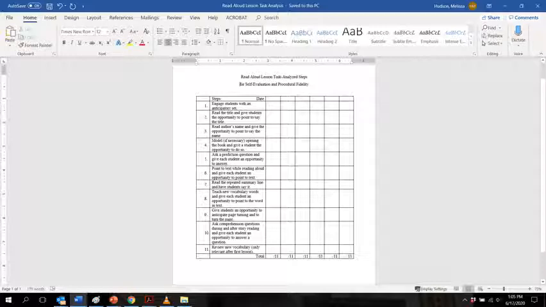When you are actually teaching these lessons, you're going to have a peer or someone observing you who is completing this task analysis of the lesson. Every time they see one of these steps being implemented in your lesson, they'll put a check mark there, and then you'll tally up how many of the steps you actually completed versus how many you planned to complete. We have already talked about procedural fidelity, but if you have any questions about it, please let me know.